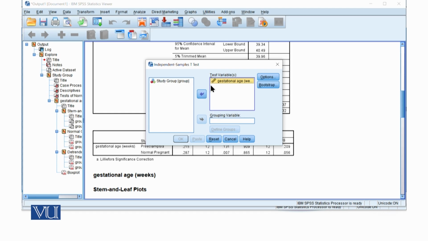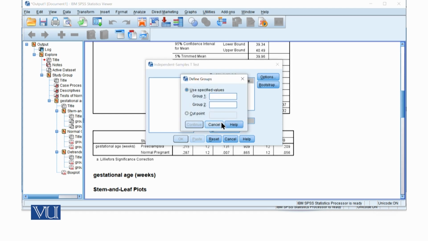Since our test variable is age, our study group goes into the grouping variable. In the grouping variable, we've given a code 1 for group 1, and we've given code 2 for group 2. Once we have entered this information, that will help identify what code we are using for group 1 and what code we are using for group 2.